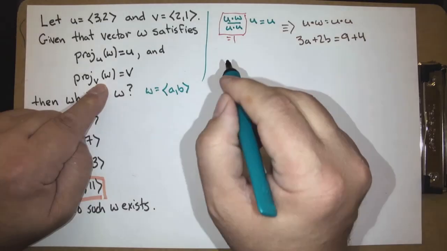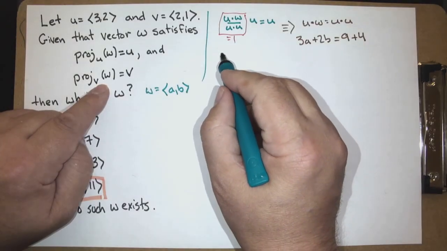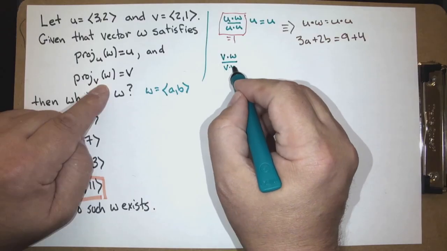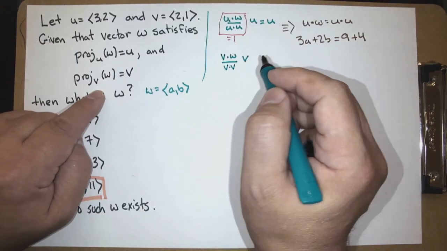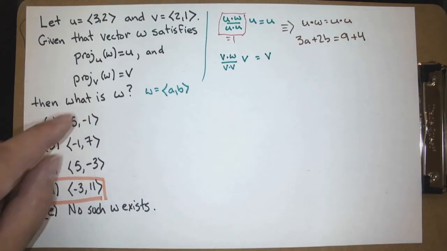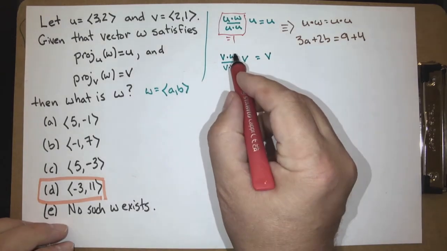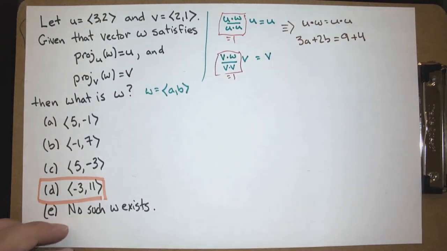Now, that idea is so nice, we do it twice, just changing U's for V's. So V dot W over V dot V, times V, that's the projection of W onto V, is V. Again, the coefficient has to be 1.